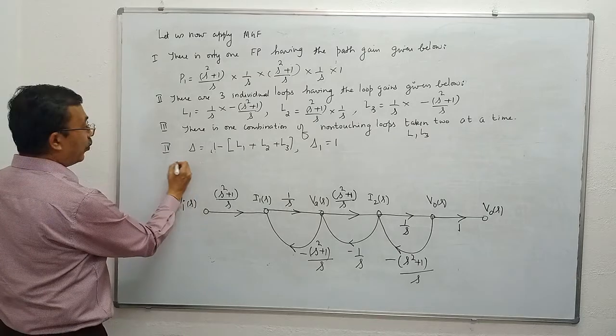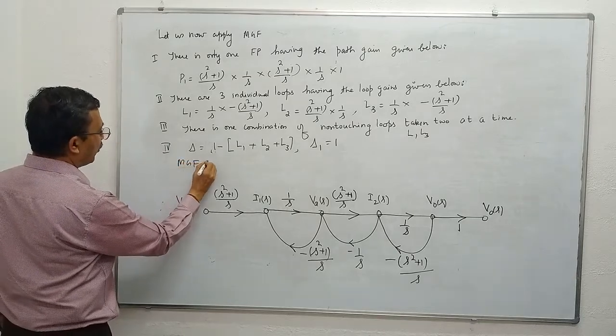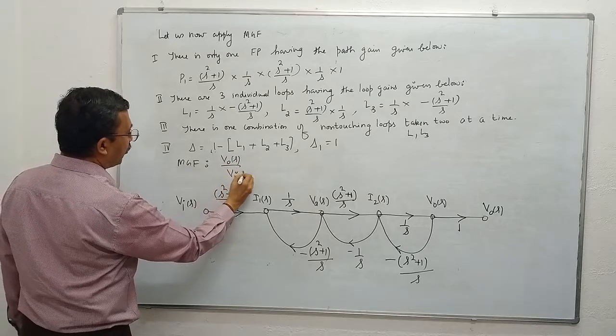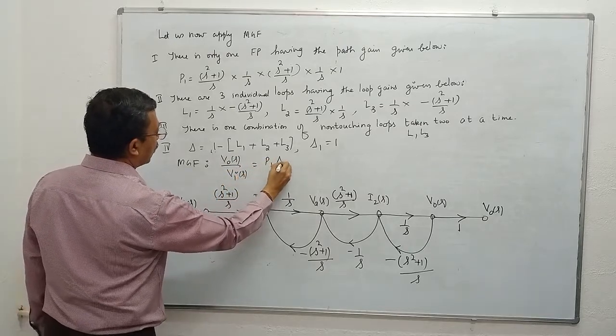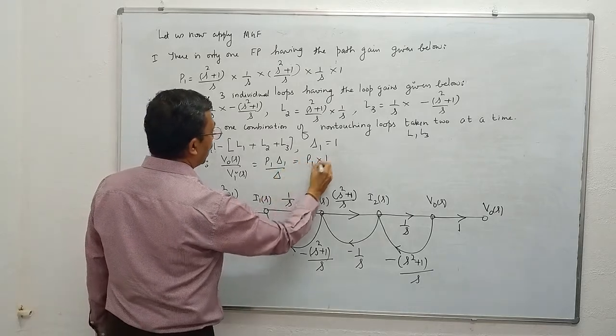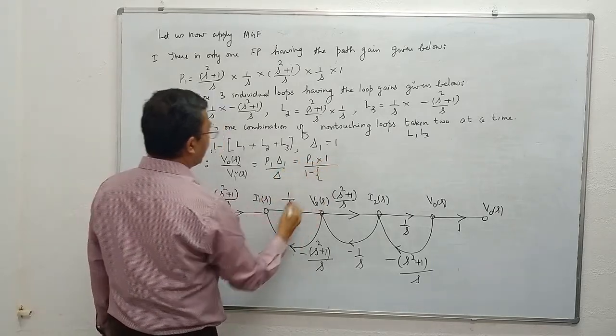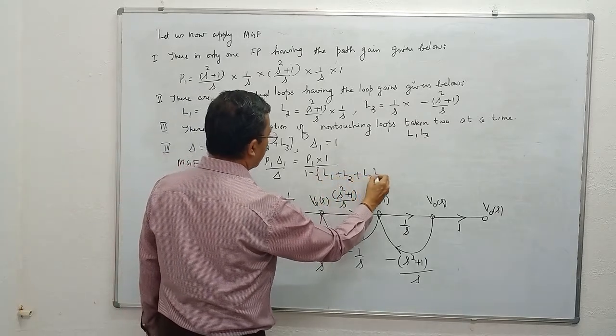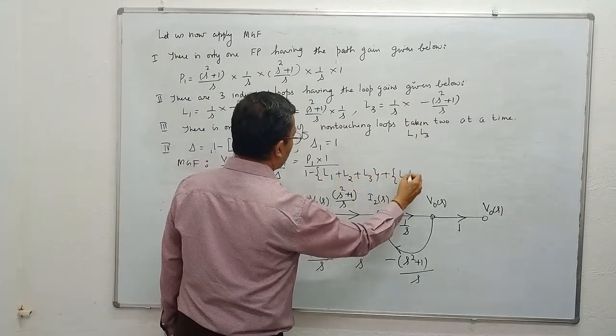What is Mason's gain formula? V naught of S divided by Vi of S is equal to P1 delta 1 by delta. P1 delta 1 is 1. What is delta? 1 minus L1 plus L2 plus L3 plus L1 L3.